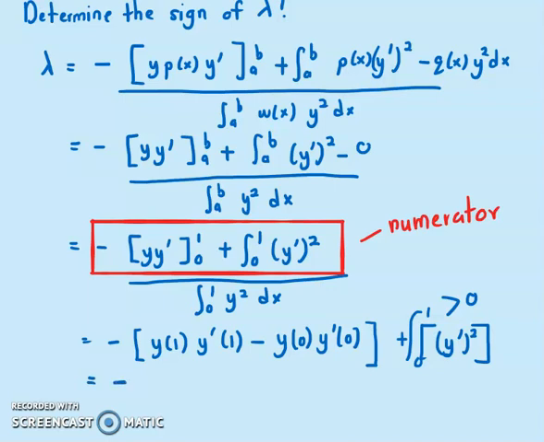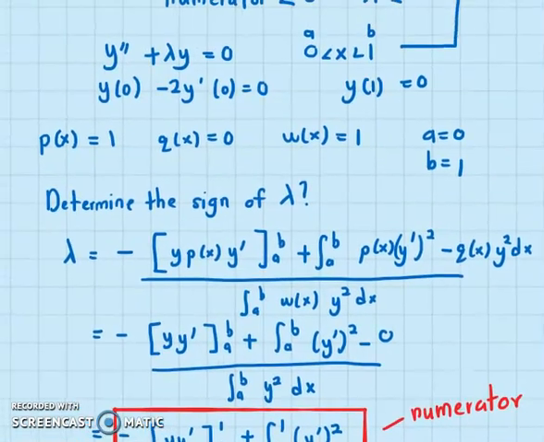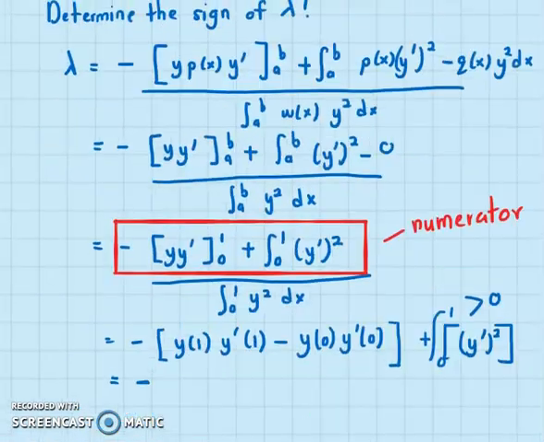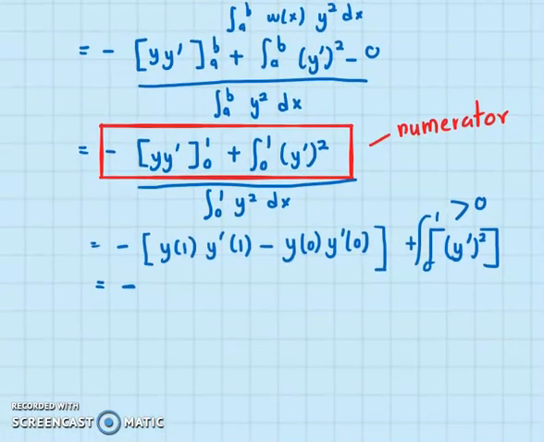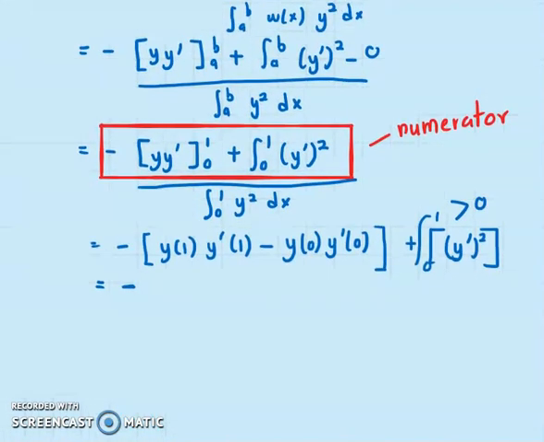What is y(1)? Back to the condition given, where y(1) is 0. And y prime(0) comes from this minus this. So we have y(1) is 0, minus y(0) y prime(0).